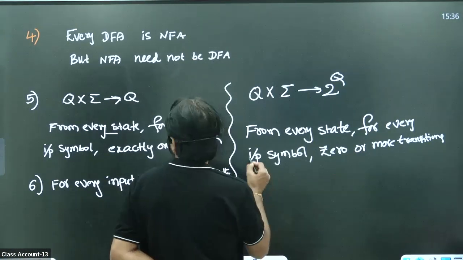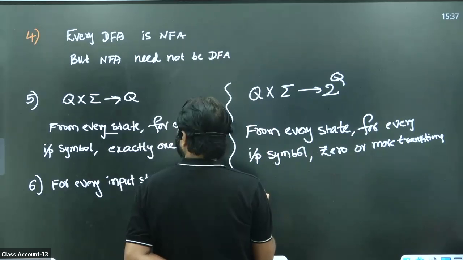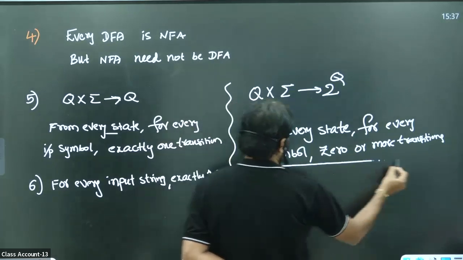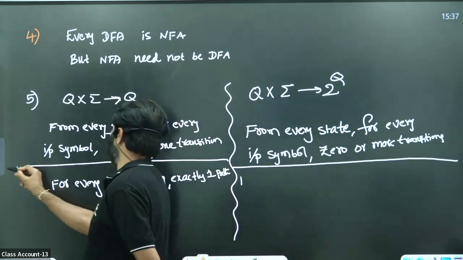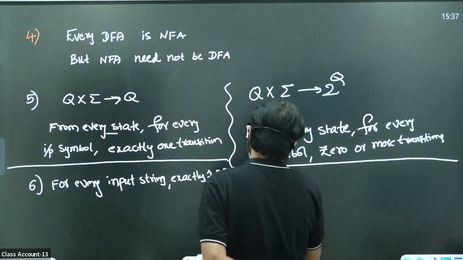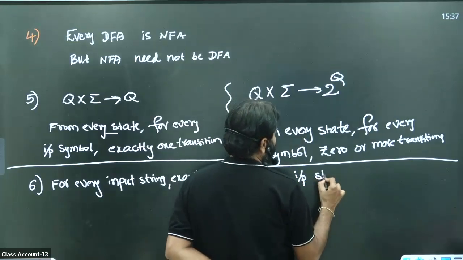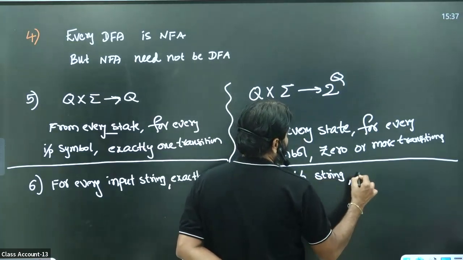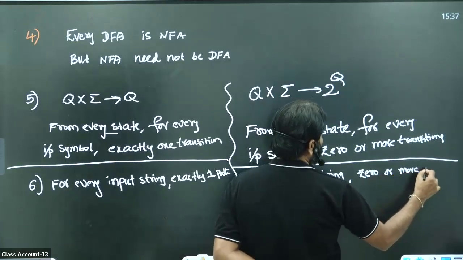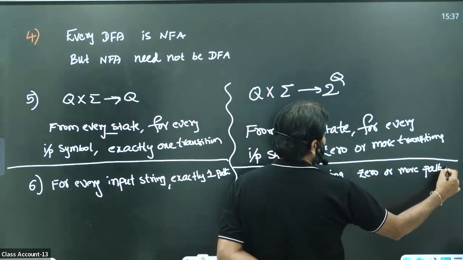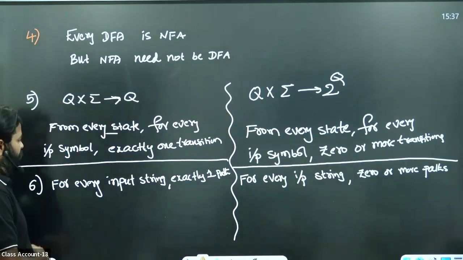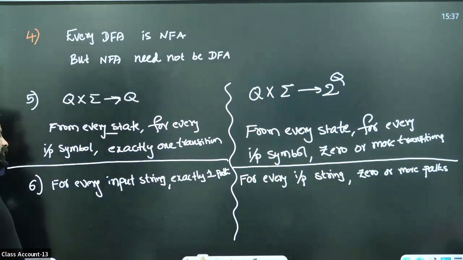Same question you read here: for every input string, you will see 0 or more paths. The reason is non-determinism.